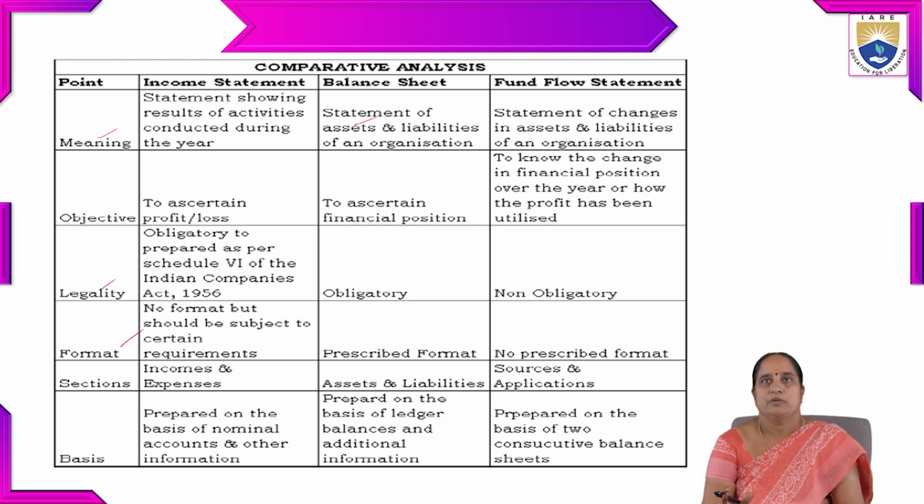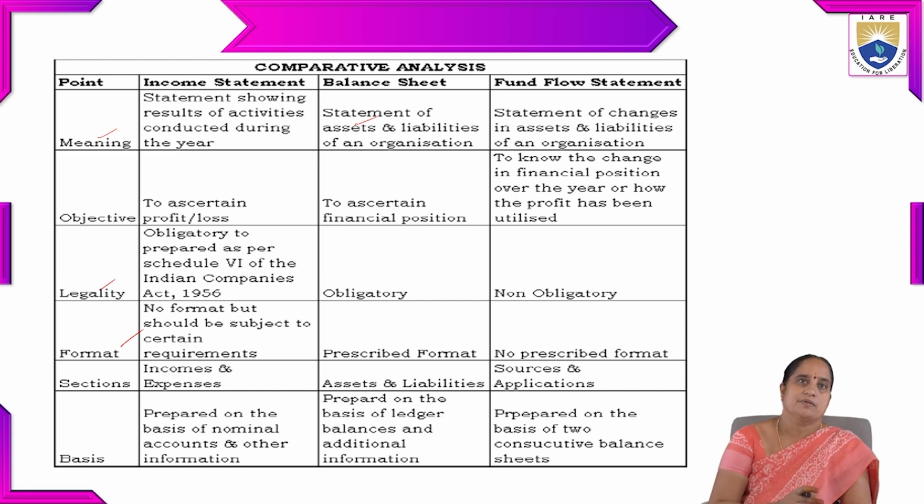And funds flow is a statement of changes in assets and liabilities of an organization. Then coming to objective, the basic objective of the income statement is to ascertain profit or loss, whereas the balance sheet ascertains financial position, and the funds flow statement is used to know the change in financial position over the year or how the profit has been utilized.